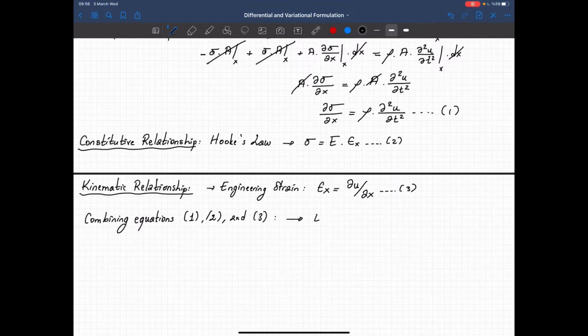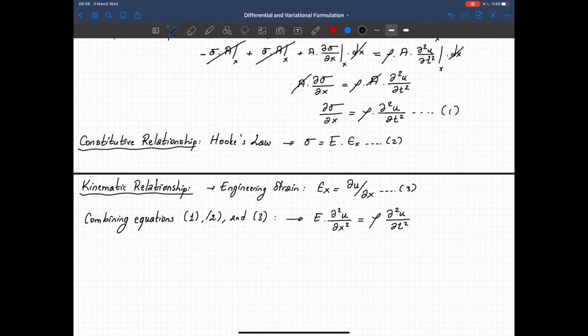Elastic modulus times del square u divided by del x squared is equal to mass density multiplied by del square u divided by del t squared.